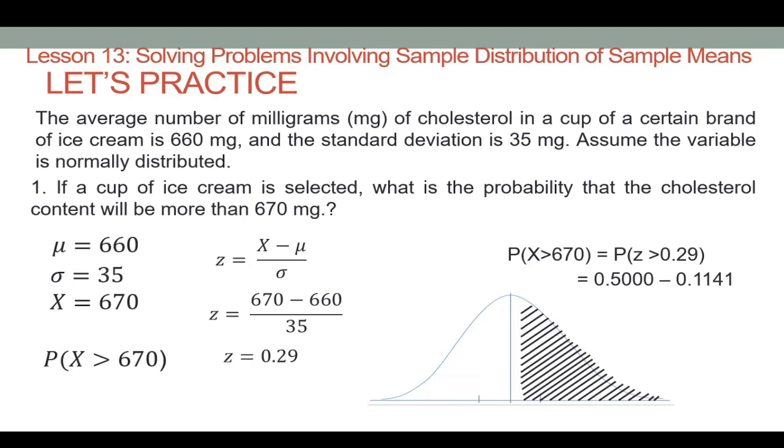Let's subtract that from 0.5 and we will obtain what? 0.3859 or 38.59%. Meaning to say, the probability that the cholesterol content would be more than 670 milligrams is 38.59%. Kuha ba? Okay, good.